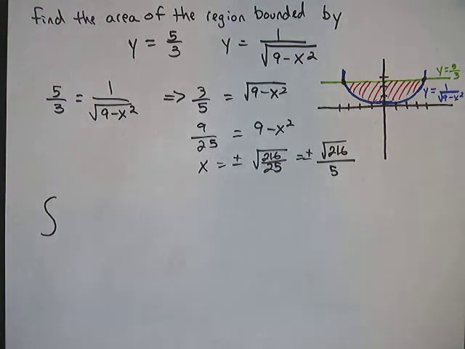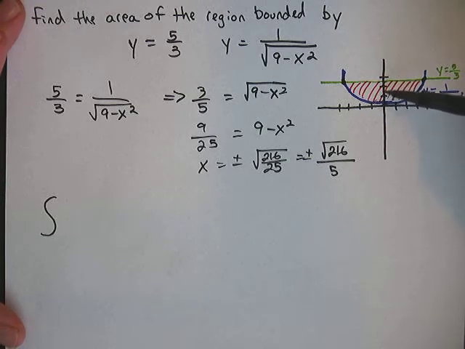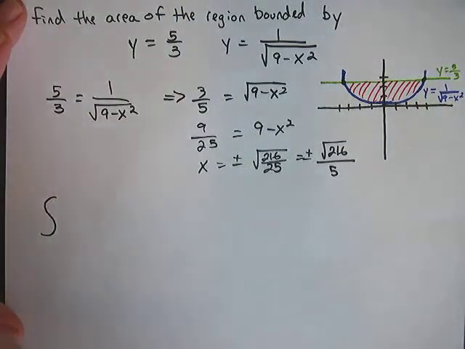Here's what I'm going to do to make this a little easier when we plug in our limits. You can see that we have symmetry here. In other words, the left side and the right side are the same. So if we just take the area to the right of the y-axis and then multiply by 2, that'll make it where we can plug in our lower limit of 0. It should make things a little easier down the road.